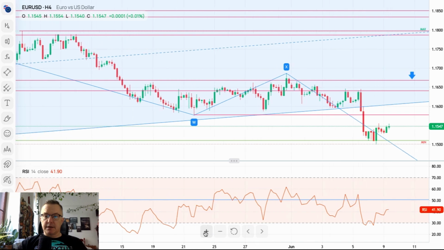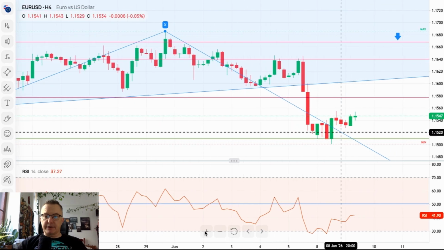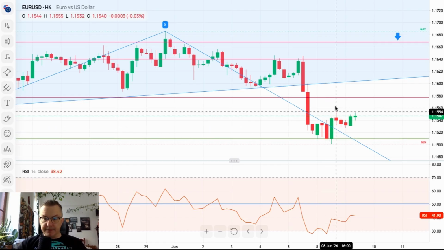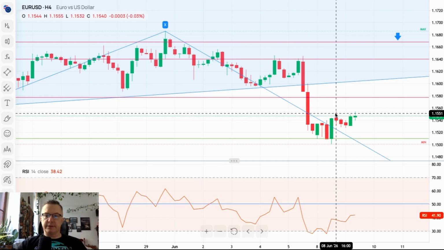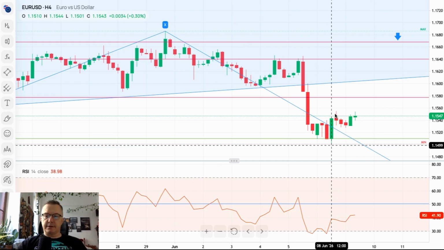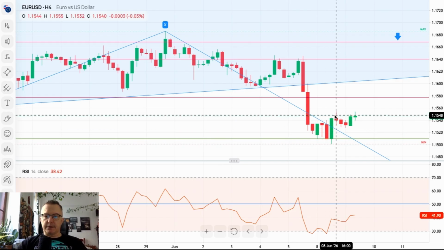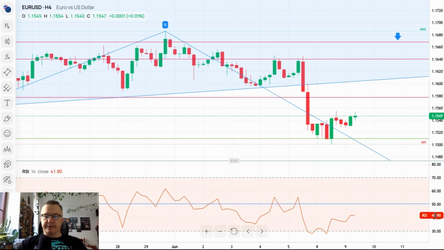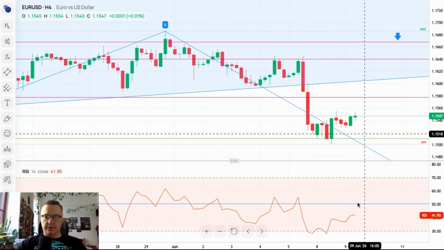We have the bullish engulfing pattern here where the technical support is still being tested. The first defense of the technical support bounced towards 1.1555, so roughly 55 pips. The US dollar is 55 pips up from the lows, and the momentum is at the level of 41, so it's still below the level of 50.